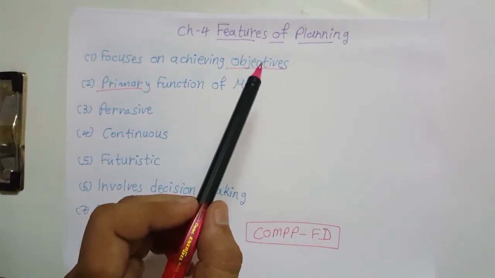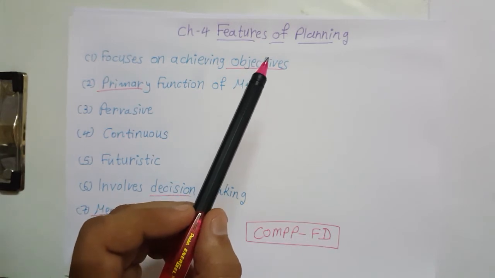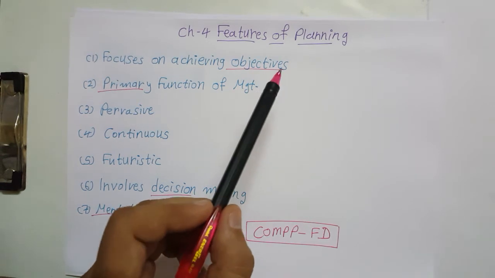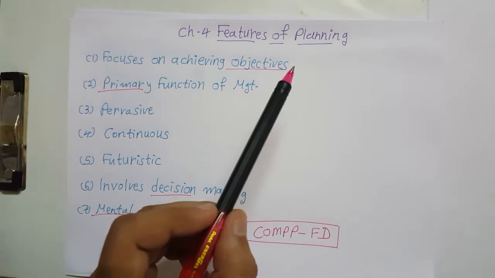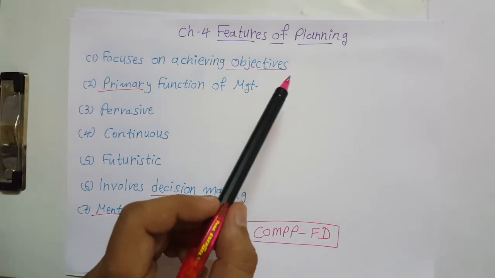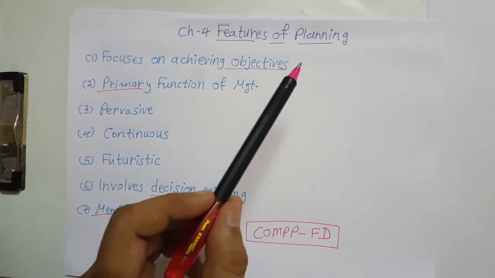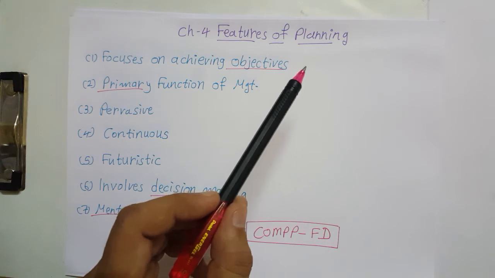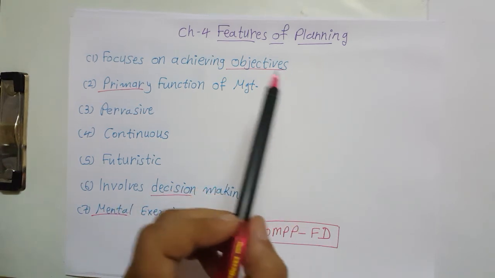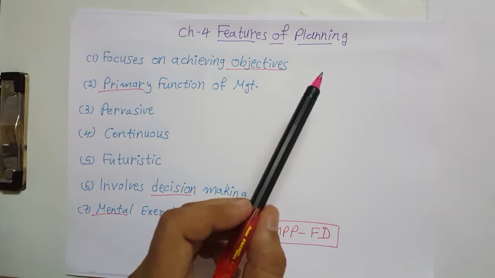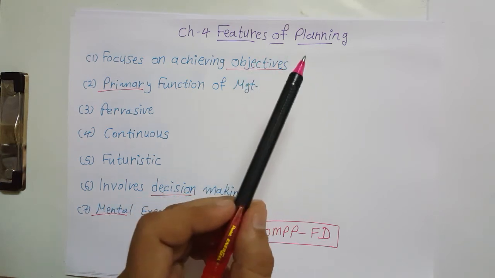In planning we are clarifying what kind of goals we are going to achieve in future. Specific goals are set, and for that purpose, what kind of activities we have to do is also decided to achieve that objective.